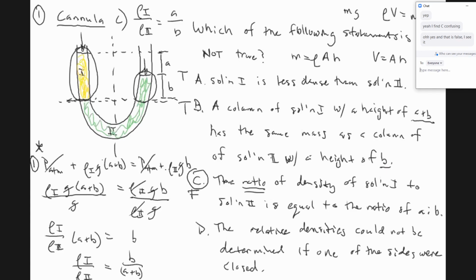It means to divide, right? So get used to seeing that because they love using ratios on the MCAT. And then we can clearly see that C is not the same as what we solved for. So hence why C is false. Cool? We're good now for everyone.